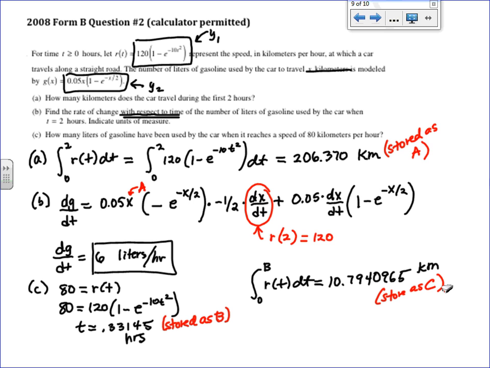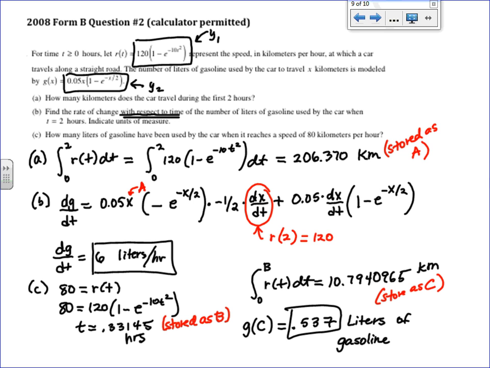So that allows us to plug in to my G of X. So I'm finding G of that value, G of C. So when I plug in C into my G function, which is stored as Y2, I just go to table and plug in alpha C. It's 0.537, 2599, etc. So we only need 3 decimal places, and that's the number of liters. Okay, so that's the end of this question.